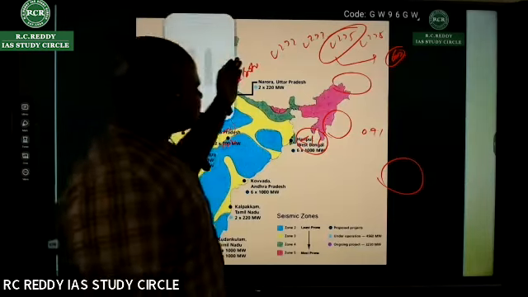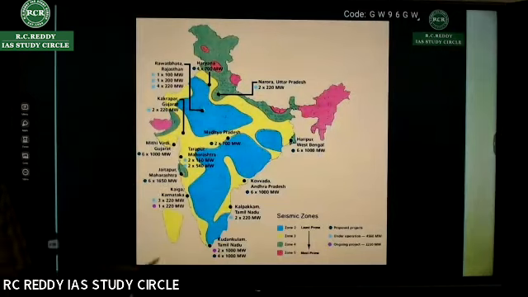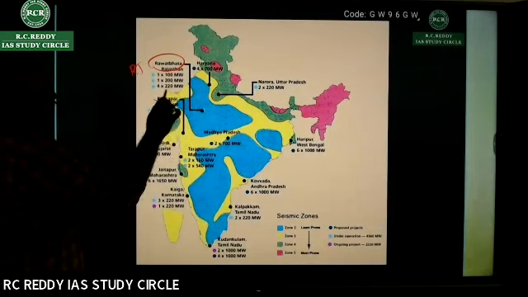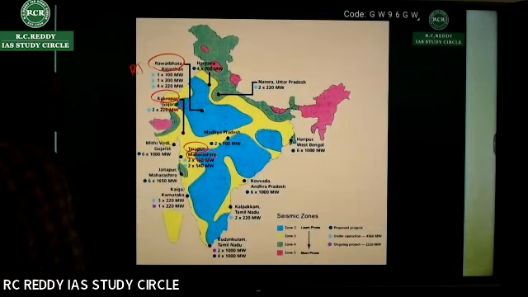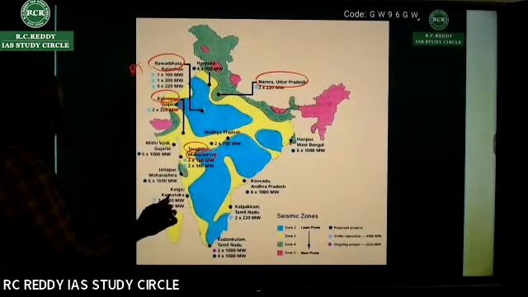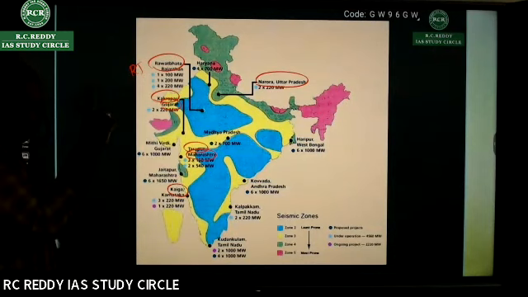One related aspect is the nuclear power plants. In the context of nuclear power plants, we see Rawatbhata with respect to Rajasthan, Kakrapar with respect to Gujarat, Tarapur with respect to Maharashtra, Narora with respect to Uttar Pradesh, Kaiga with respect to Karnataka. KK, Kaiga. One more K was Kakrapar.